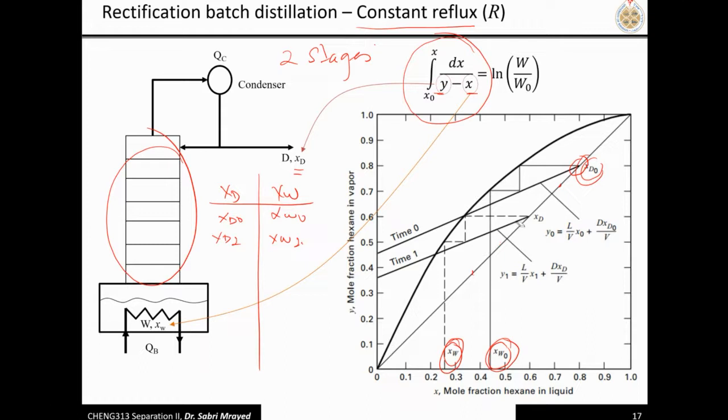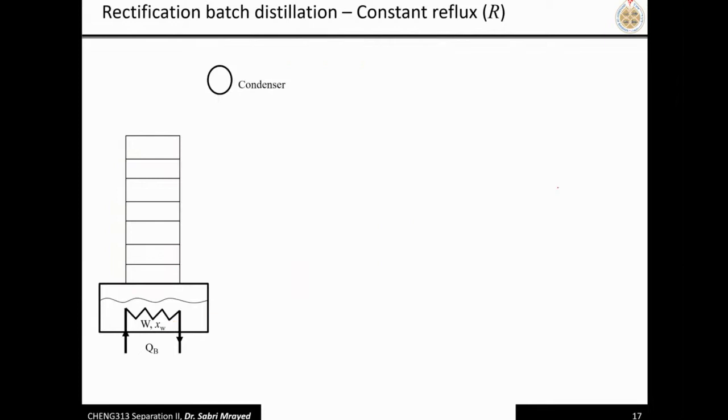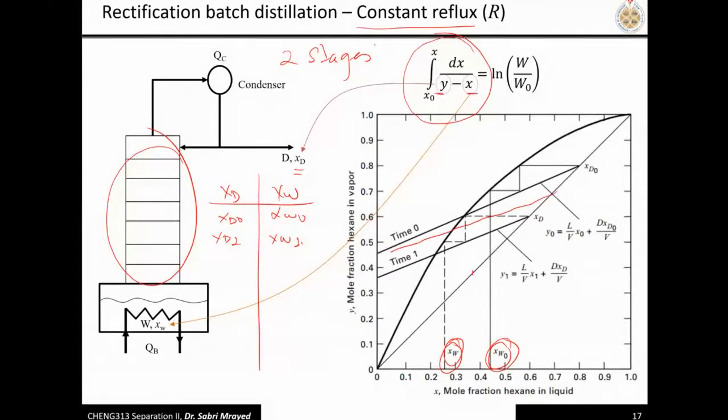Try to be accurate, but if you have a point here, you're going to have 2 stages, so you're going to have another xw, but you cannot go beyond the xd0. You can't go here. Maybe you come here, draw this slope, and move 2 stages. So you have another x here with the xd. So you're going to have a bunch of table.